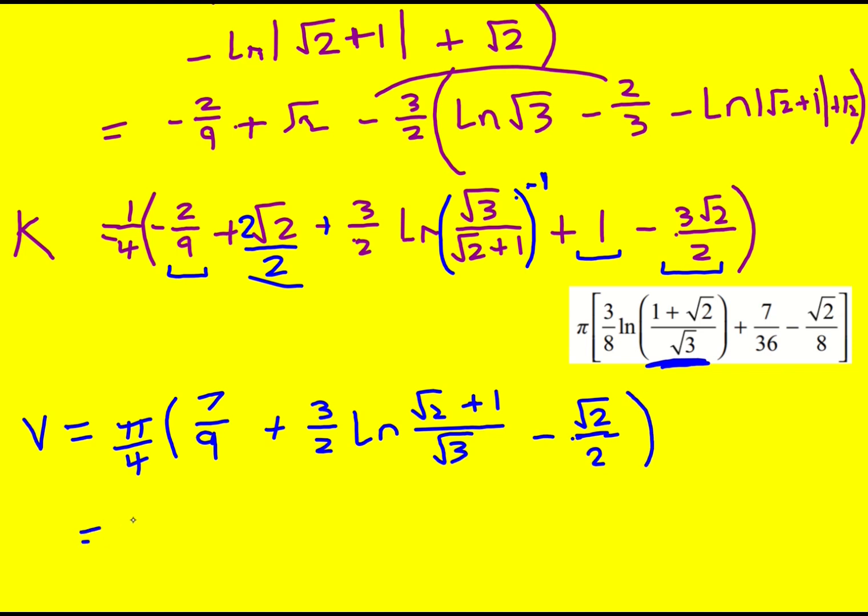So finally, I can multiply through by that quarter and just rearrange a few things. So my second term is going to become 3 over 8 ln of all of this. Come on, so close.